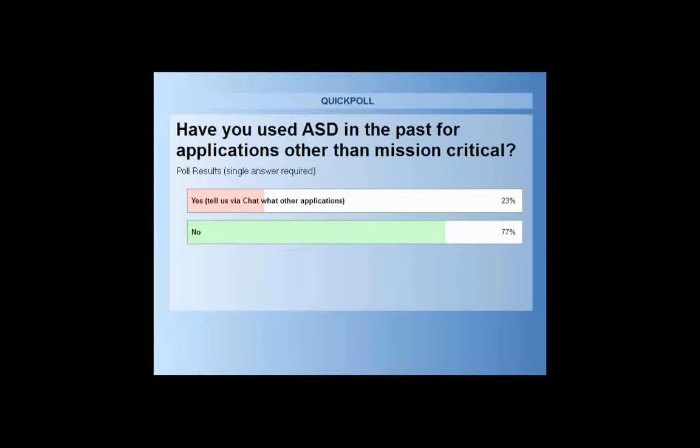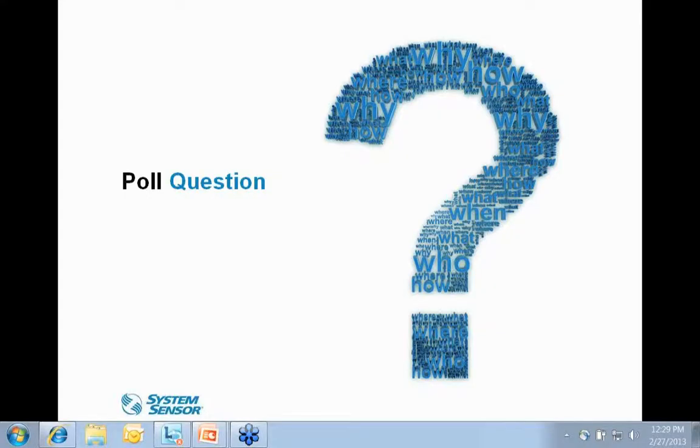They've used it in a duct detector in a shielded room. They've used ASD in high-end homes to protect paintings and other valuable items. Let's see. Correctional facilities, cultural heritage museums, protecting switchgear. So lots of really good applications outside of mission critical that our attendees are involved with here.